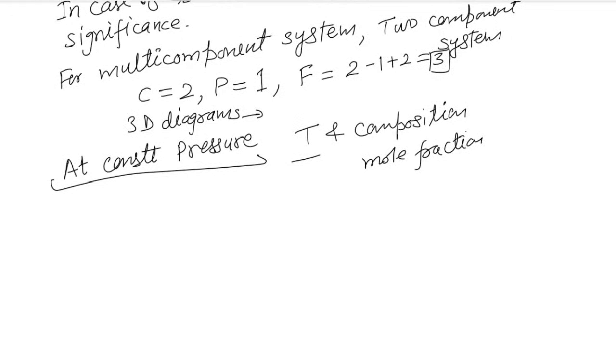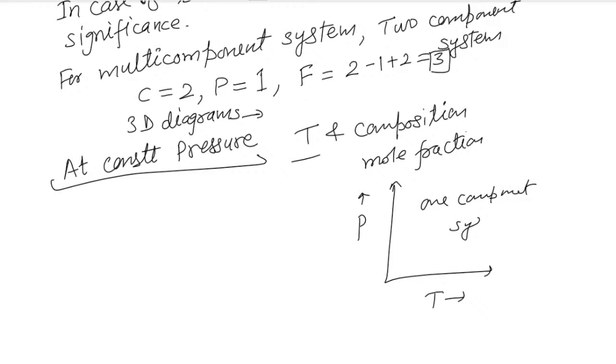Okay, so in phase diagrams, when a one component system is there, the graph is between pressure and temperature. Because when we have a one component system, C is 1 and the minimum number of P is 1.